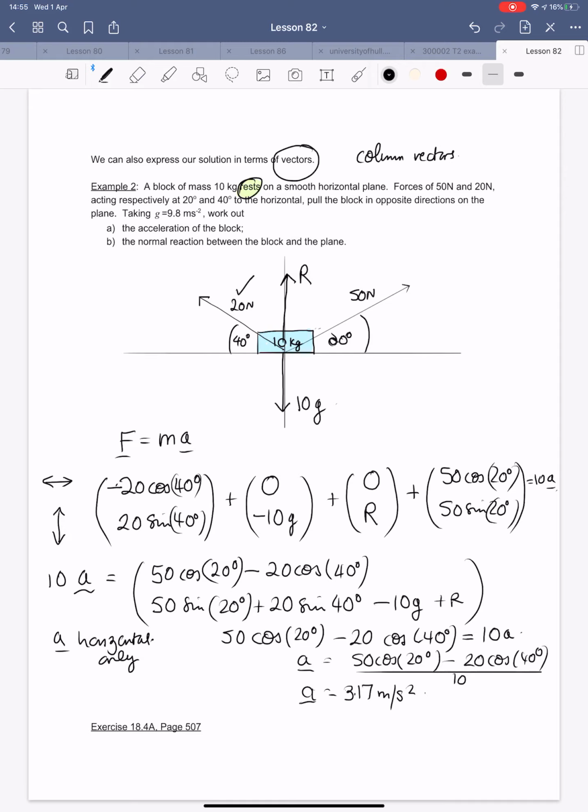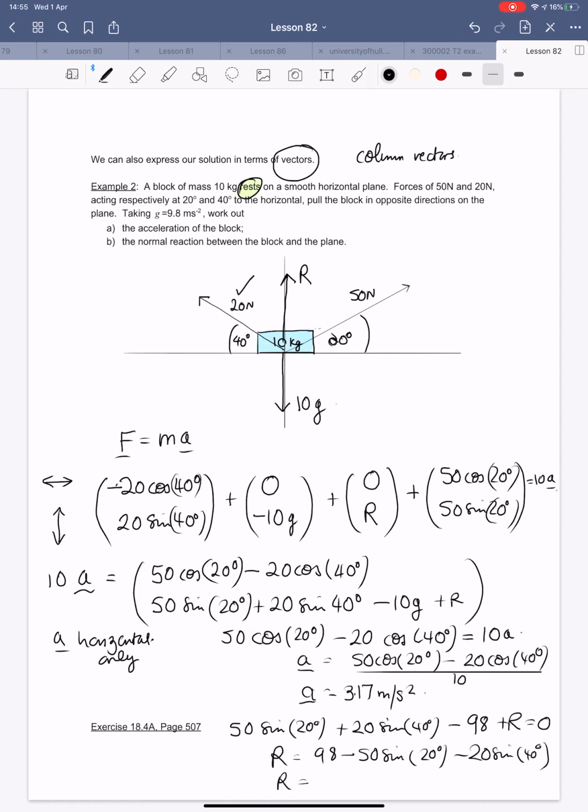So the vertical: 50 sine 20 degrees plus 20 sine 40 degrees minus 10g, which is 98 because it's 10 times 9.8, plus R equals 0. So R equals 98 minus 50 sine 20 degrees minus 20 sine 40 degrees. When you run all that through your calculator, it comes up as 68 newtons.